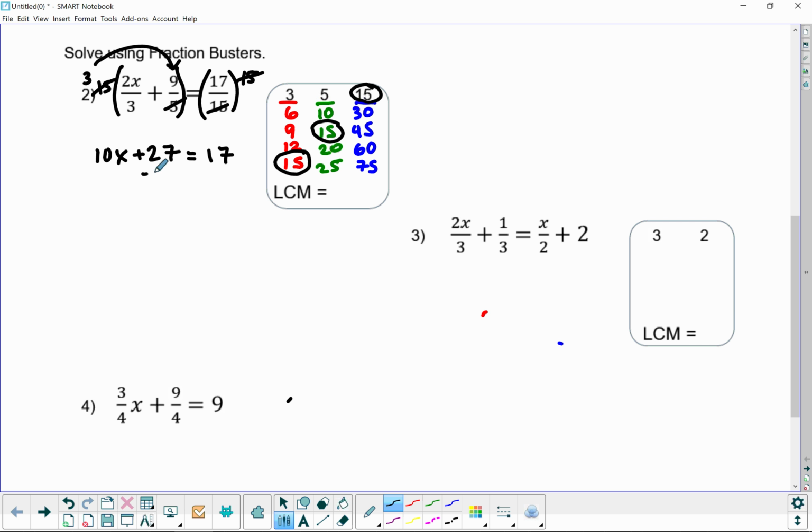If you subtract 27, you have 10x equals negative 10, divided by 10, x would equal negative 1.